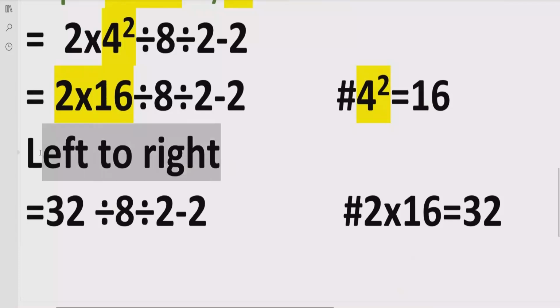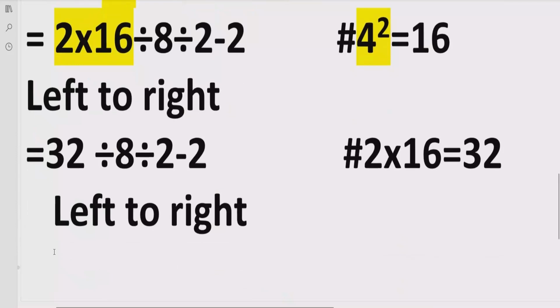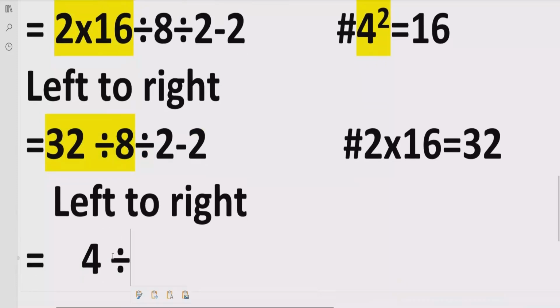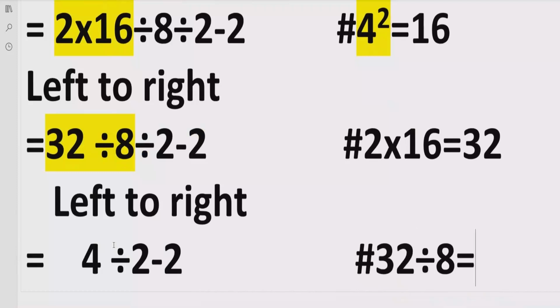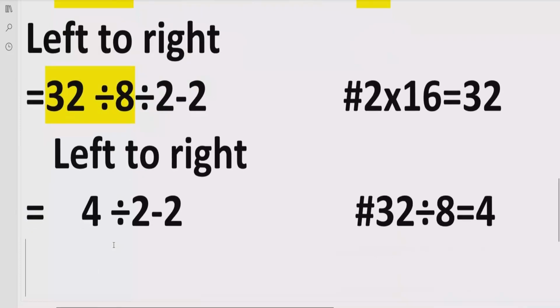Now again, we have to follow the same step for division because we now have division. So this one we will divide, 32 divided by 8, which is equal to 4. And again we have to divide by 2 minus 2. And here we have to give the reference, 32 divided by 8 equals 4.